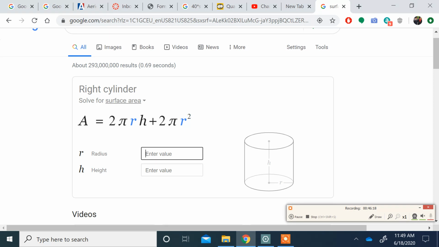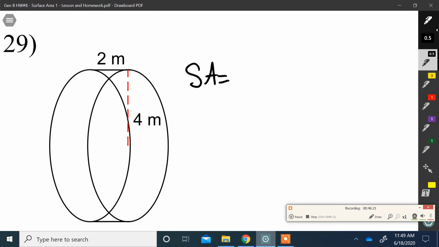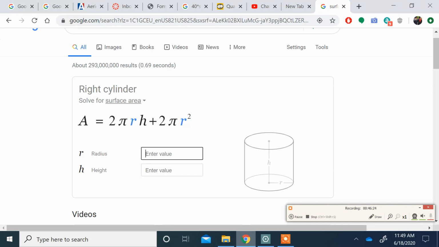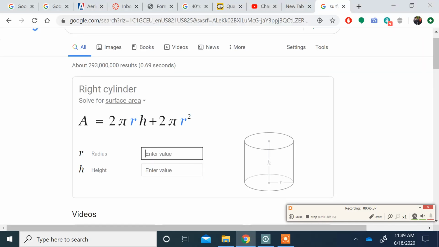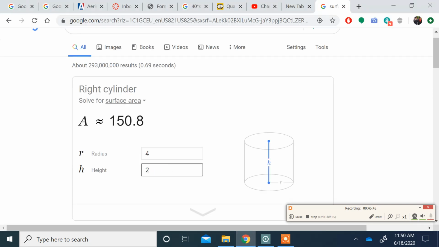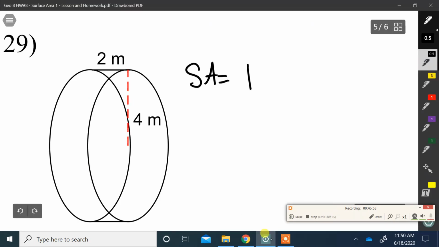They're saying, what if you enter the radius? Well, the radius on this one is 4, and the height should be 2. And it gives you the answer. Isn't that amazing, guys? I usually ask students not to do this, but why not use Google? I don't disagree with that.